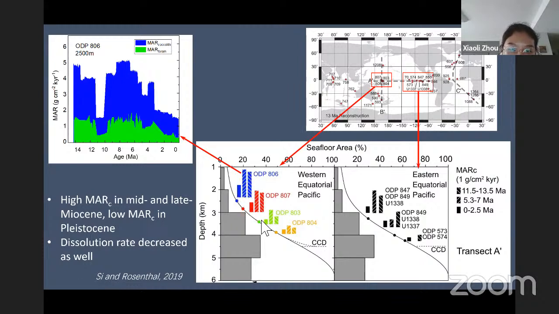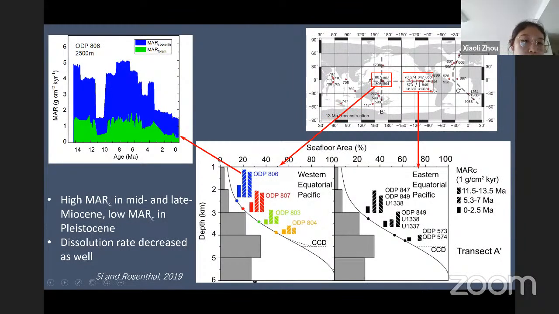But in the Pleistocene, it's only halved. And I'll show you in the next slide why and how strong this dissolution is. And similarly in the Eastern Equatorial Pacific, we observe a similar trend.